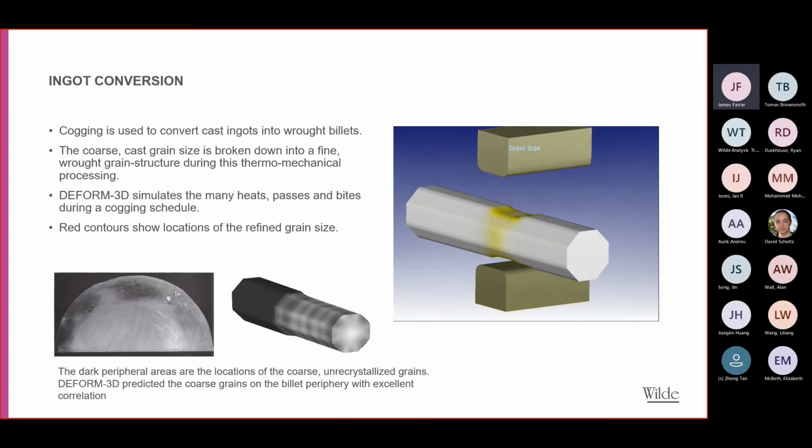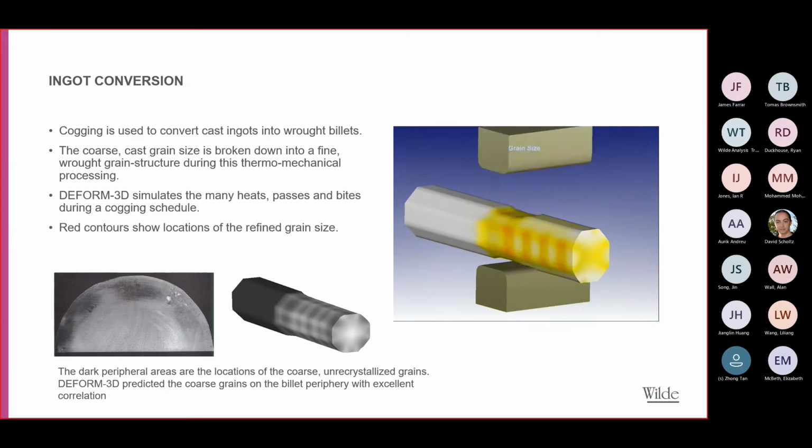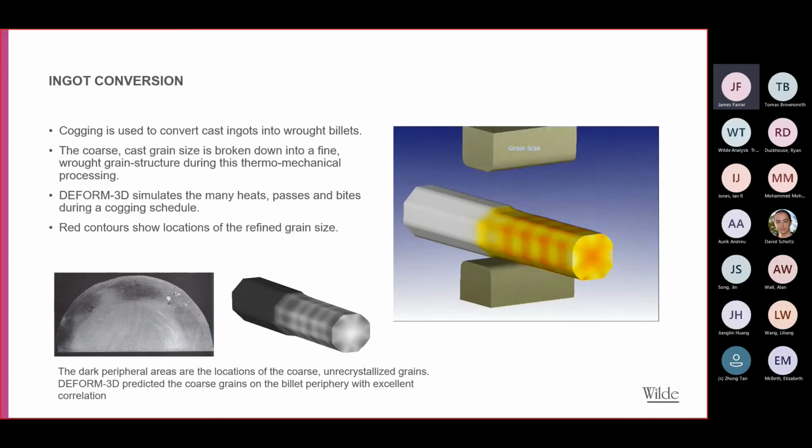A typical application of that, in this case, is an example of titanium cogging. So we're showing the grain size evolution in this example here.